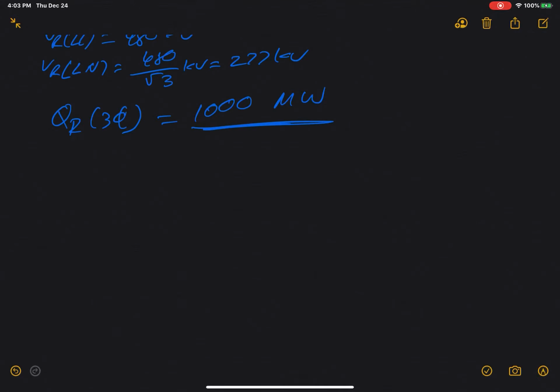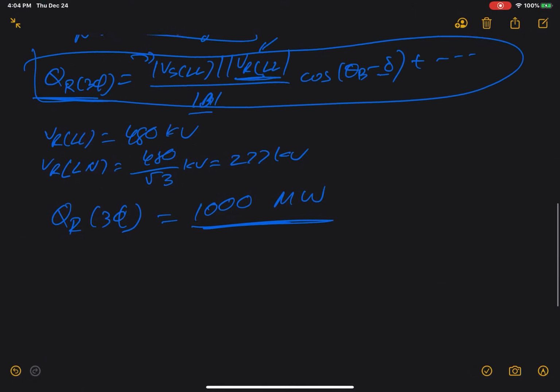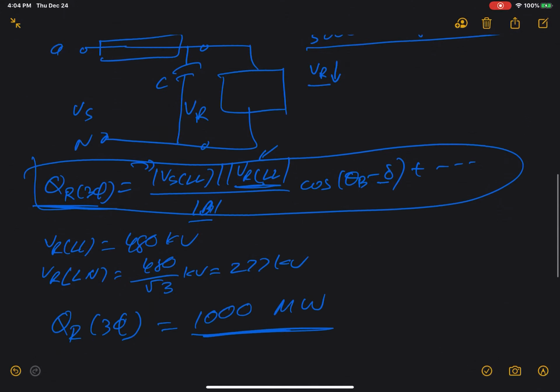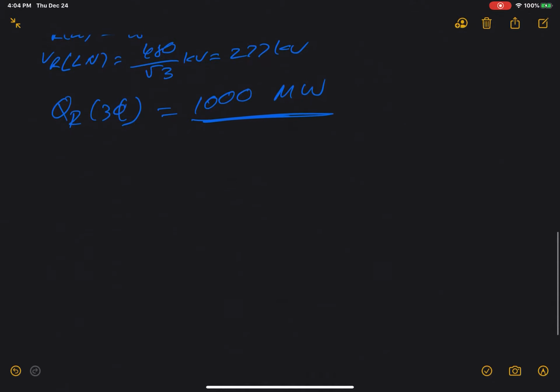So now you need 1000 megavar of reactive power at the receiving end to maintain the voltage at line to line 480 kV. But if you look back here, you are consuming 2000 megavar. So now you need to take 1000 megavar out of the load.